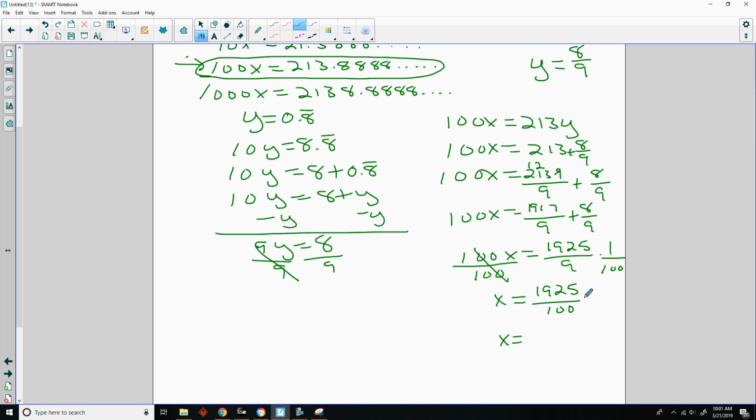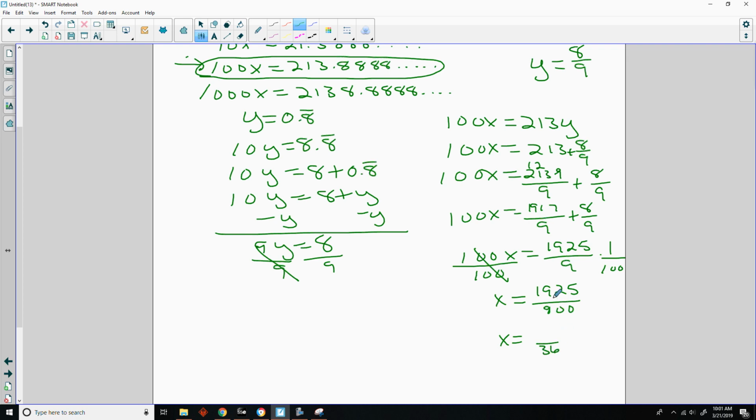Oh, that's 900, by the way. But they still reduce. We can reduce it by a factor of 25, since it ends in 25 here, and 25 will go into 900. There's 4 25s in 100, so there's 36 in 900.